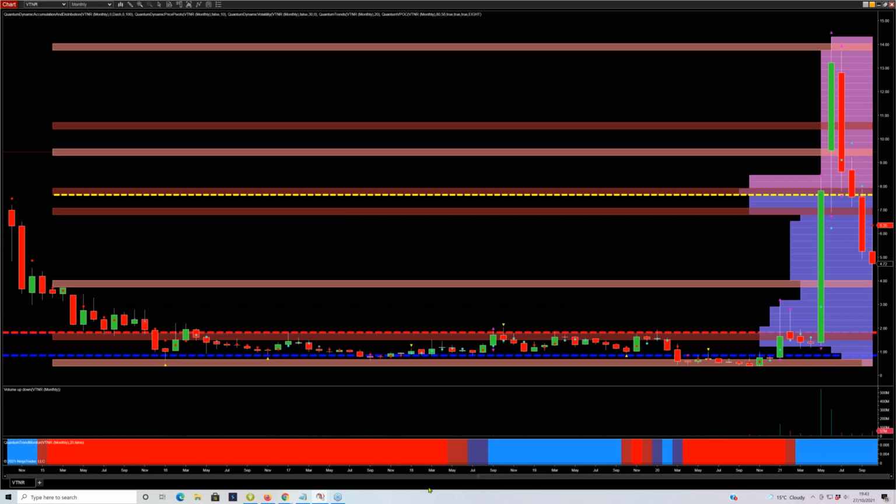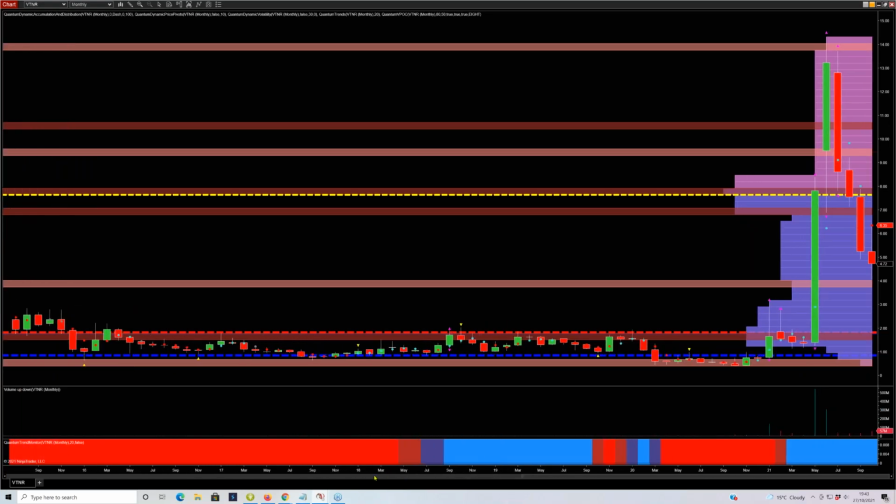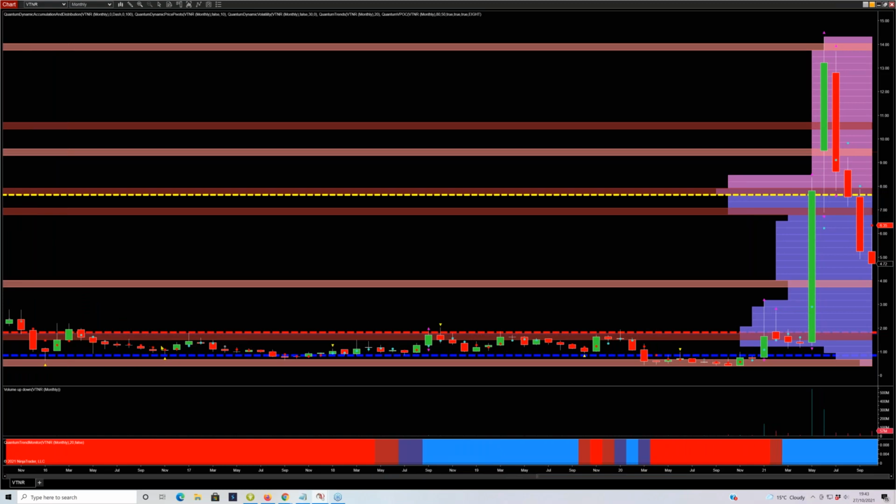You can see here, on the monthly actually, the amount of time this stock did nothing, absolutely nothing. It was stuck in this channel between the resistance and the support.